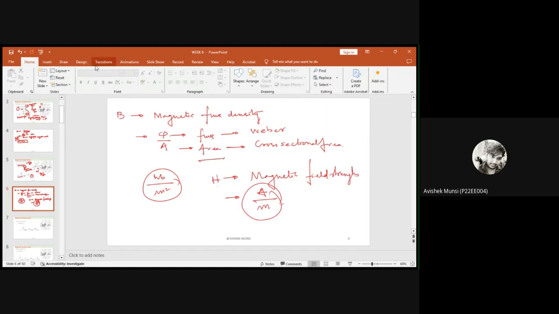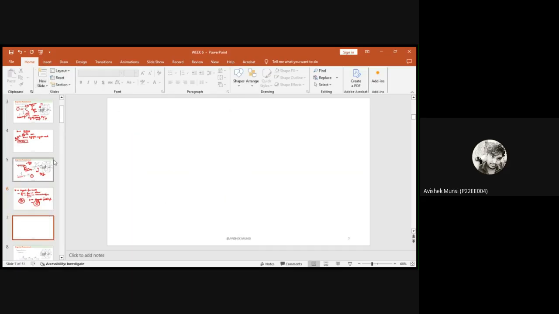Now one another thing which we saw in the last slide is the relative permeability, mu r.